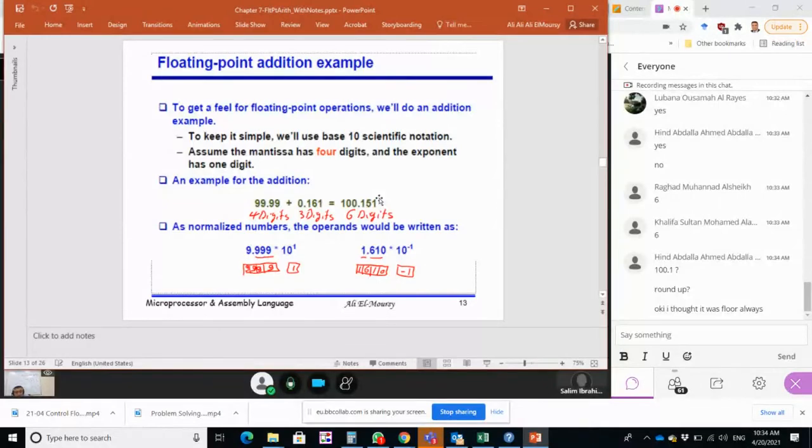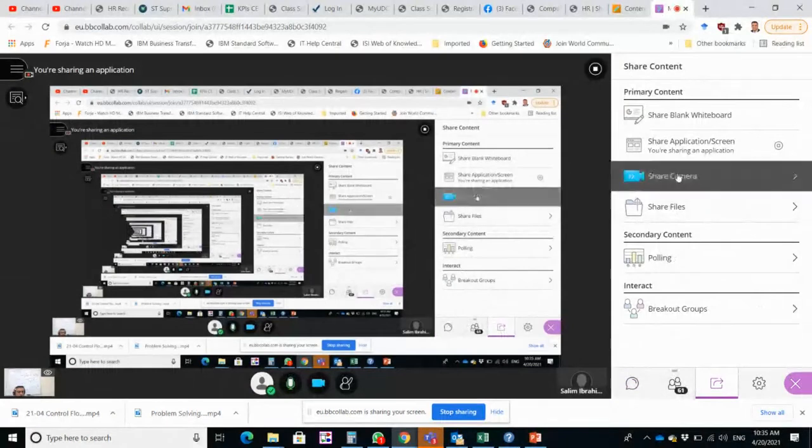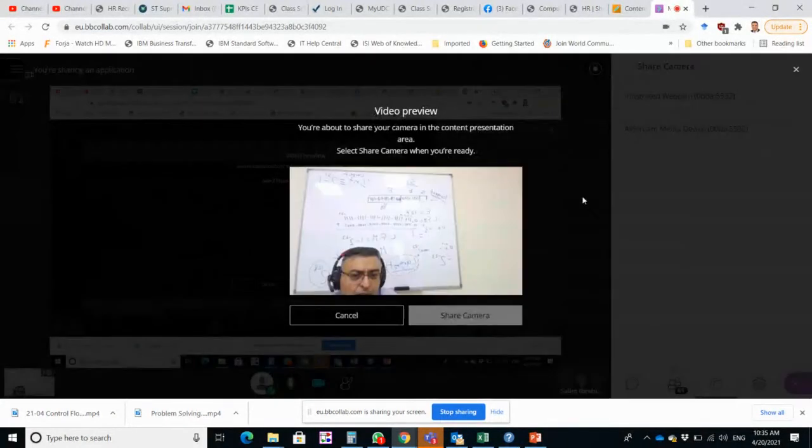تمام كده؟ طيب. Let's go into the steps of performing the addition in floating point even for this example of decimal. If I wanted to store the numbers, remember that right now I have my numbers represented as the example here. تمام؟ يبقى actually let me go to the board here to make the idea more clear.